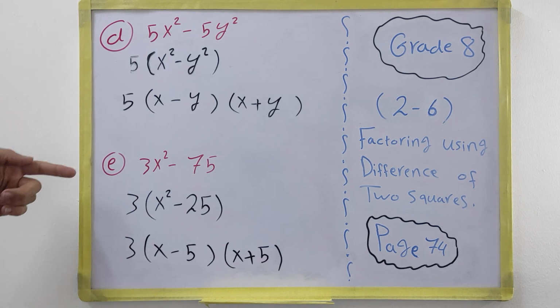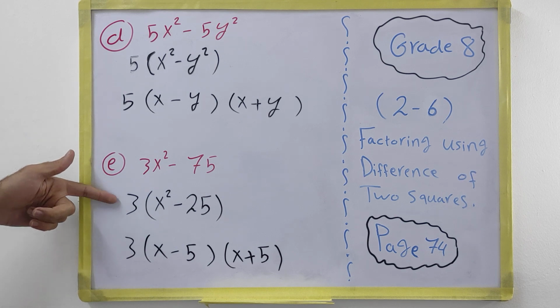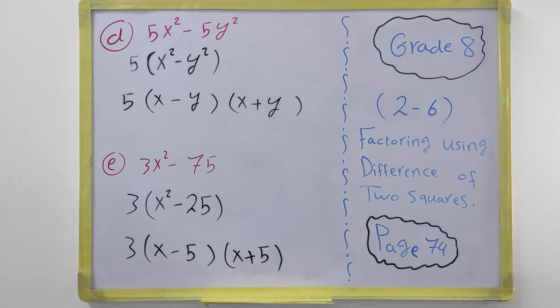That's how we do it if they are not perfect squares at the beginning, but you can take a common factor between them. At first we will take the common factor, then we will solve by the difference of two squares. That's all about solving by difference of two squares. I hope you all got it, and thanks for watching.